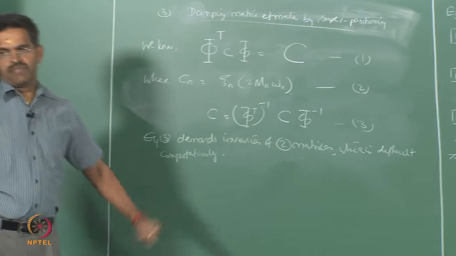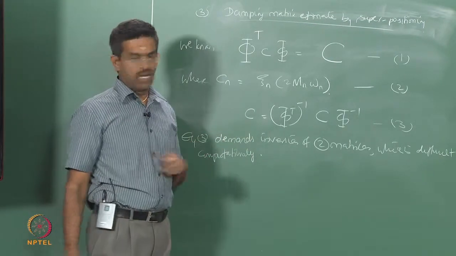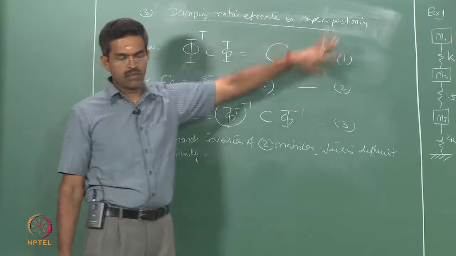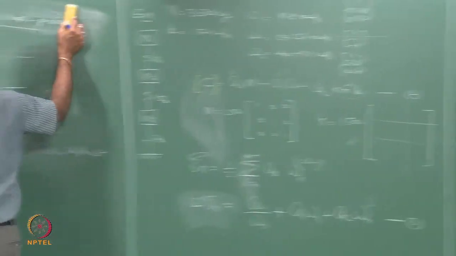Can we have an alternate method for this? I do not want to invert both the matrices, but still I want to find C. I am only doing superposition, that is all. There is an alternate technique available for this. Let us see how. I will rub this part.